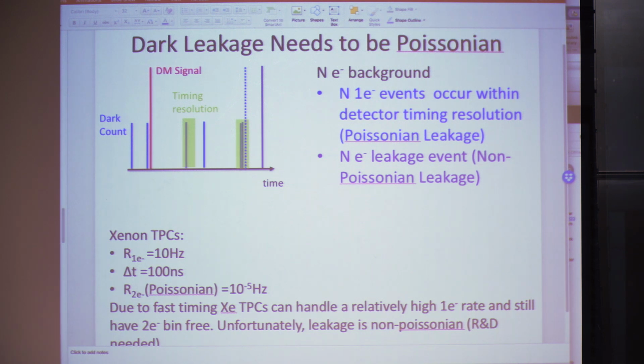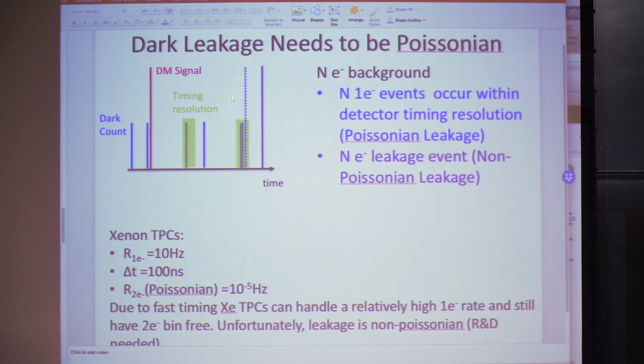Well, I can just do that math. I don't even have to go through the Poissonian statistics. On average, if particles come in at 10 hertz, and I have 100 nanoseconds resolution, that's like 1 in 10 to the minus 6. So of every 1 million leakage currents, I would expect 2 of them to be so close together that I couldn't distinguish them from one event.